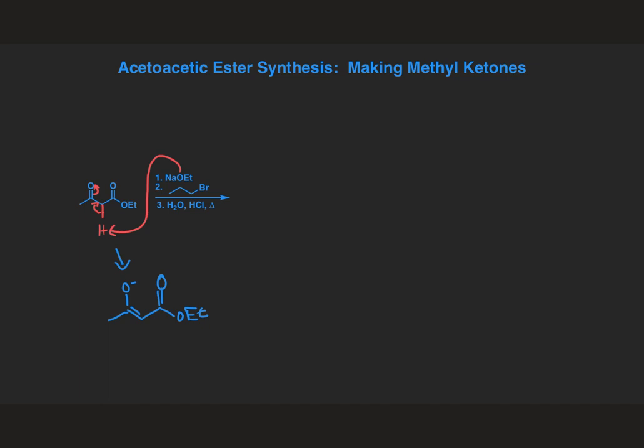And just like before, the next step is going to be attacking the alkyl halide. That's propyl bromide, and so I need to make sure I add 3 carbons. That's 1, 2, 3 carbons.